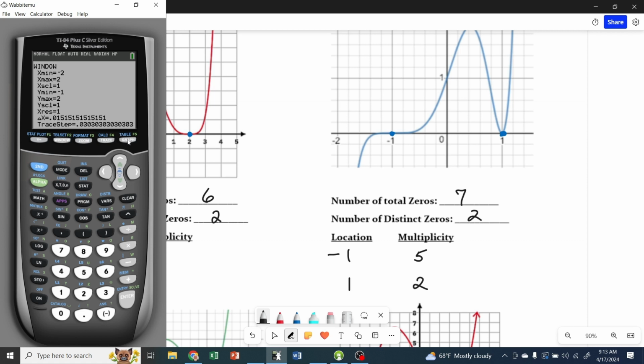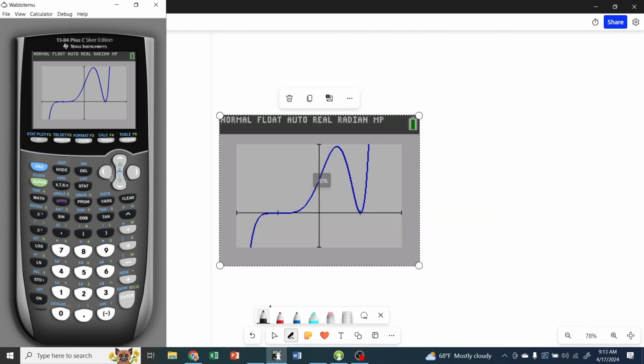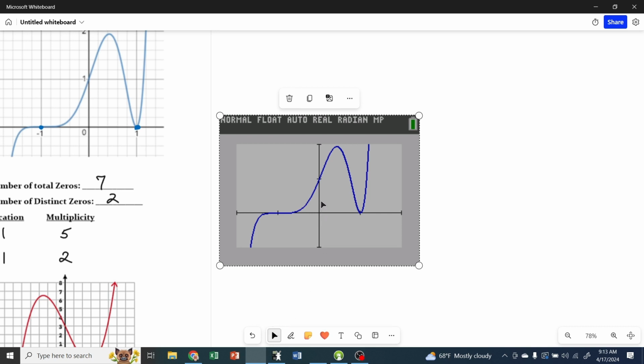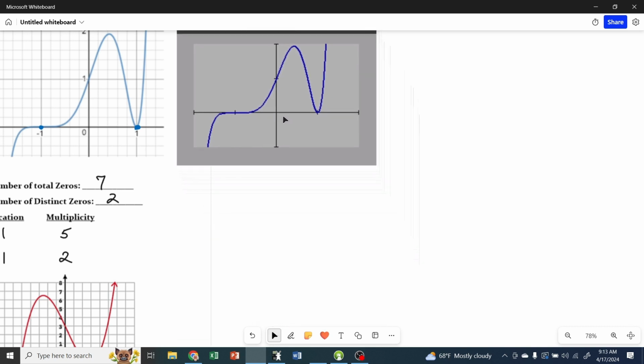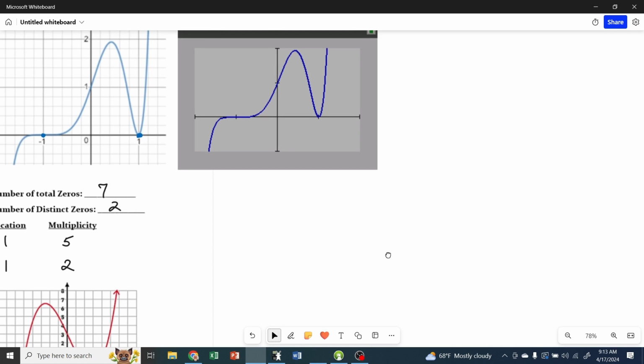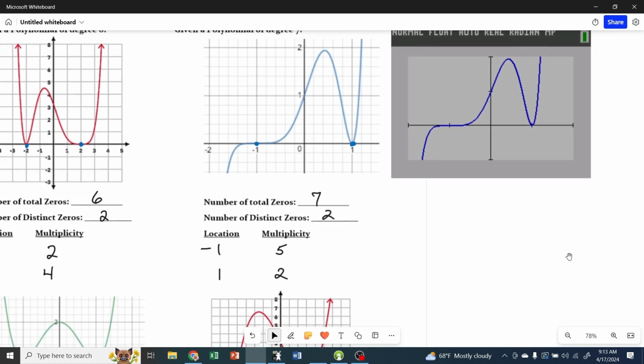And we'll go ahead and graph it. There you go. This graph is pretty much identical to the one we were originally given. So you can recreate these using the graphing calculator.